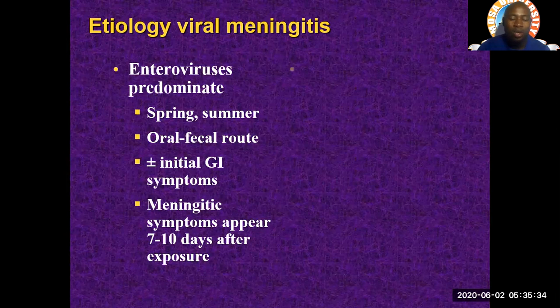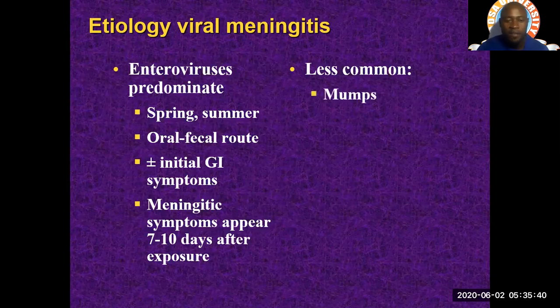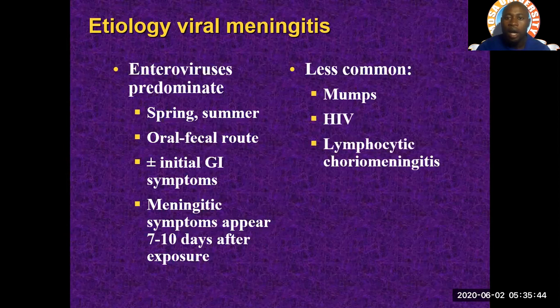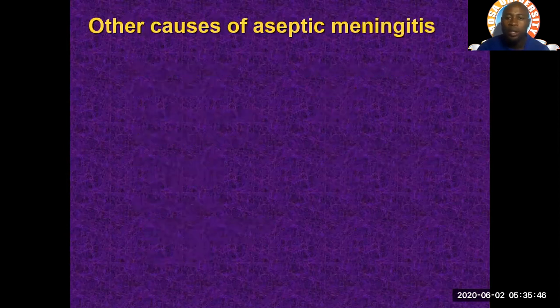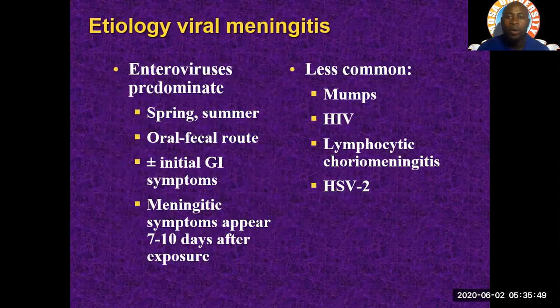Once in contact with these, they may present with meningitic symptoms that come 7 to 10 days after exposure. Less common causes are HIV, mumps and lymphocytic choriomeningitis.